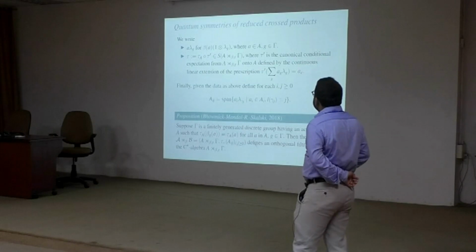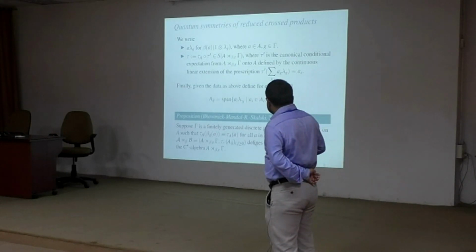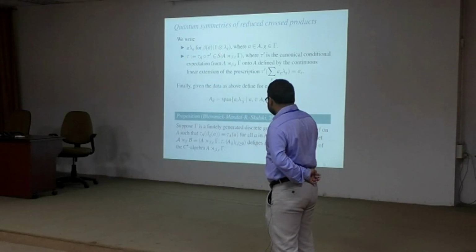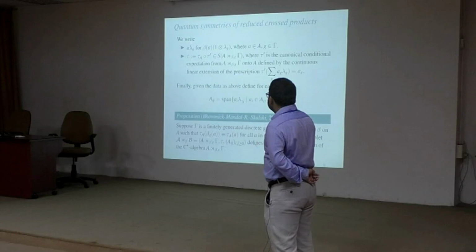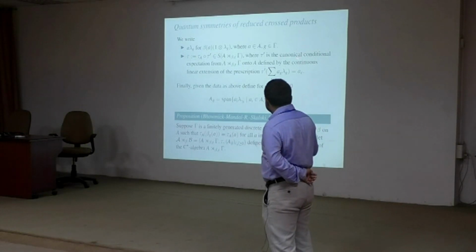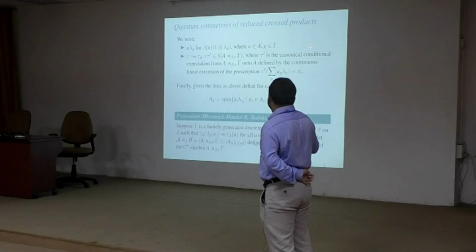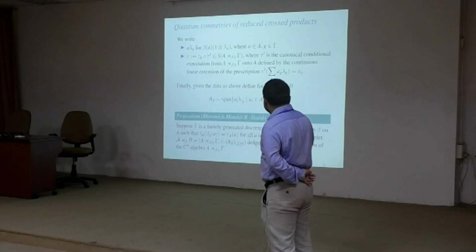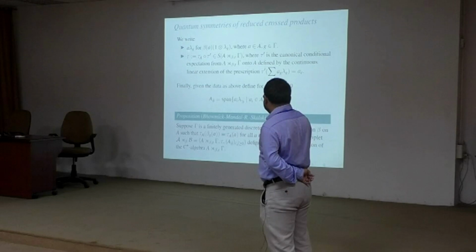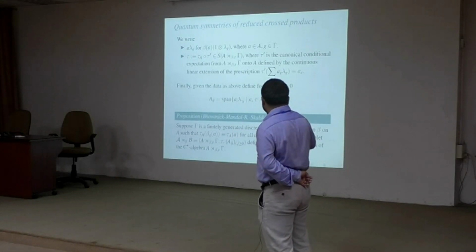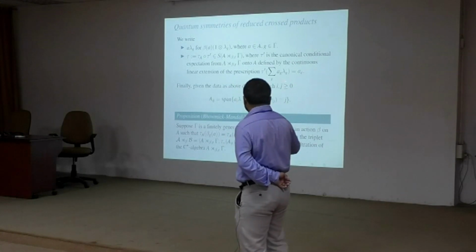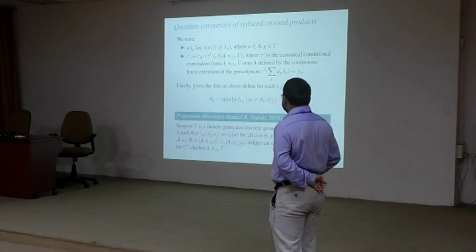Okay. Now, these are the standard notations. So, just a shorthand of this: beta_A times 1 tensor lambda_G. This is the regular representation. So we write this as A ⋊ G, and then, using the canonical conditional expectation, we define a state on our cross product, which is basically the linear extension of this.